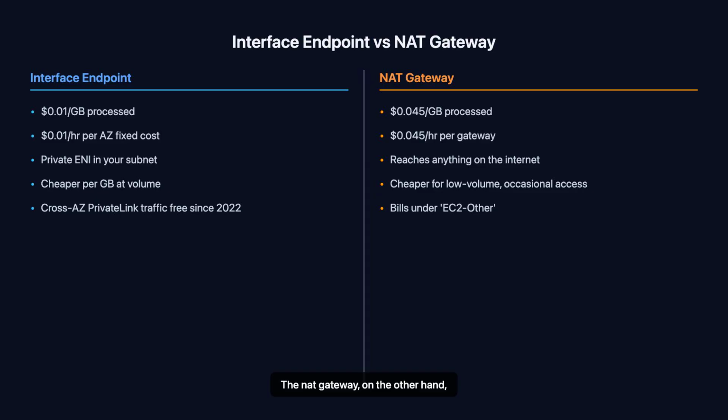The NAT Gateway, on the other hand, charges 4.5 cents on both the hourly and the per gigabyte side, but it can reach anything on the internet, not just Amazon Web Services services. For low volume, occasional access to one service, NAT can actually be cheaper overall. The volume is what tips the balance.